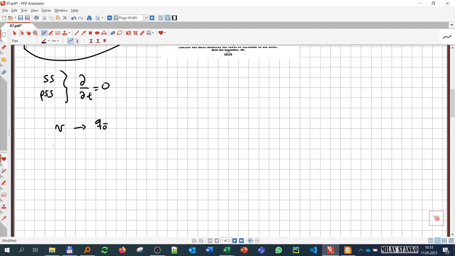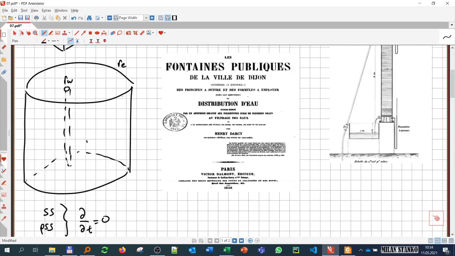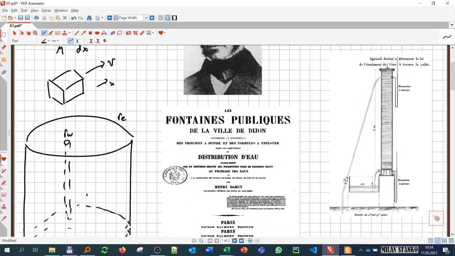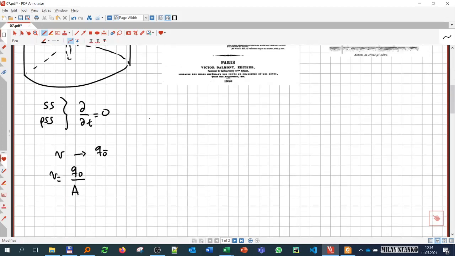So I can say that V is going to be equal to QO divided by the area that the fluid is going through. Now the equation also we have to change slightly, because it's not a linear slab anymore, but a cylinder.